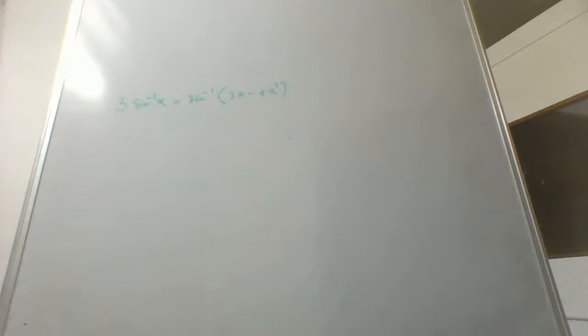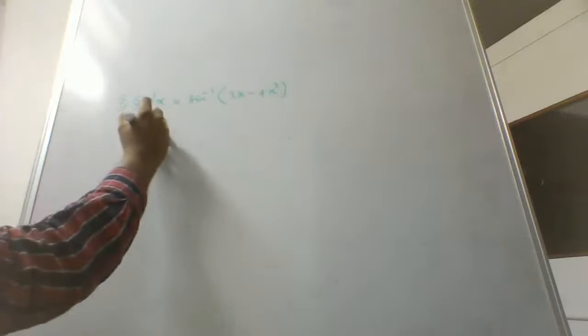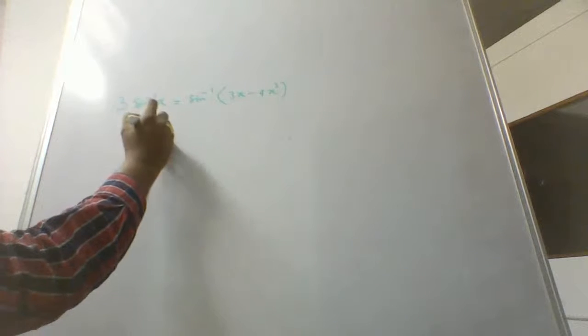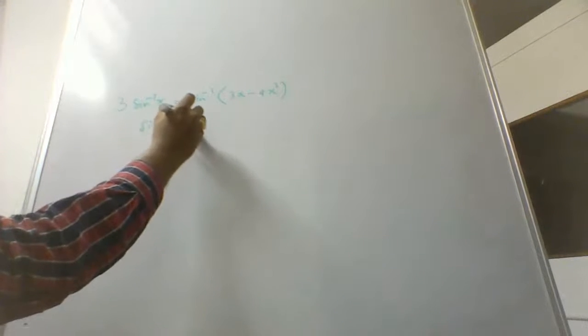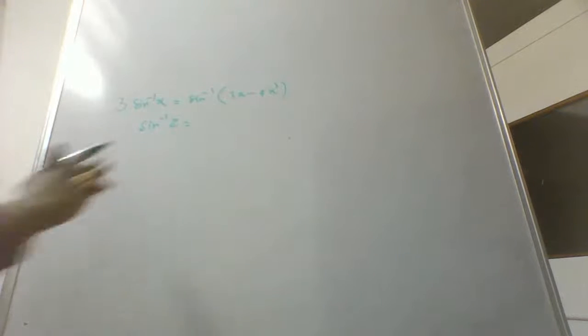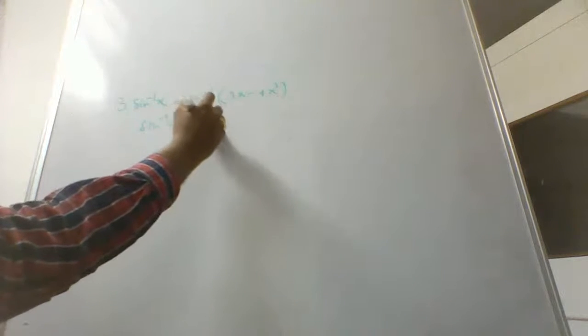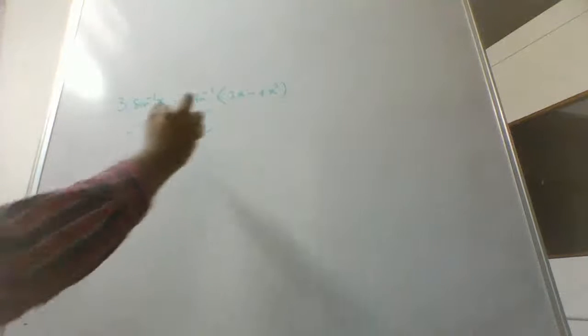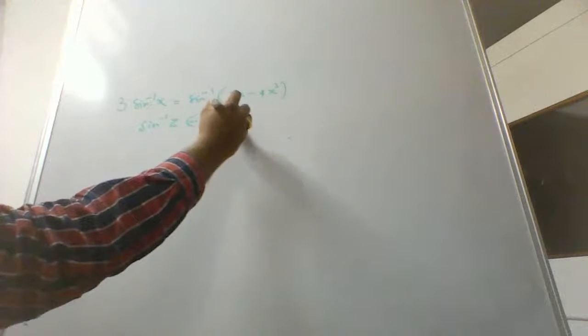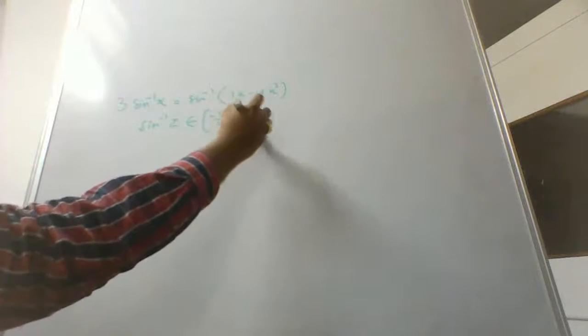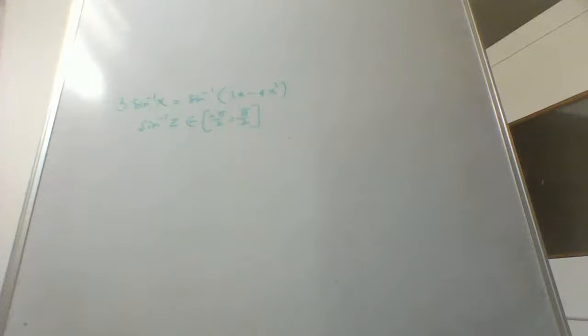Okay. So sine inverse of z, which belongs to minus pi by 2 comma pi by 2.